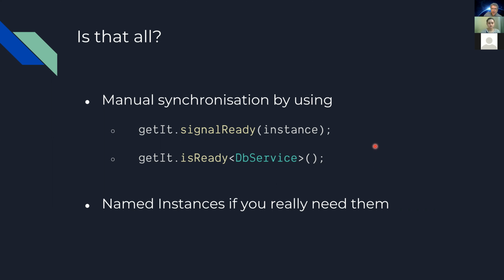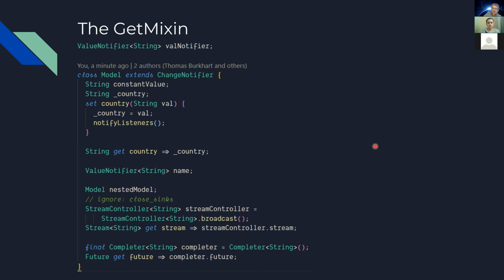Now, so far we just saw how to access objects, and for a long time I was pretty happy with this, because typically I use streams or value notifiers inside my objects, so I use them to react to data changes. Now, users of get_it asked me if I could support real state management.